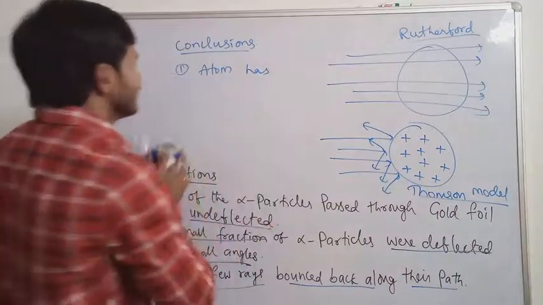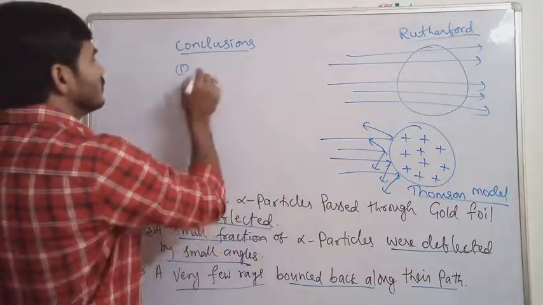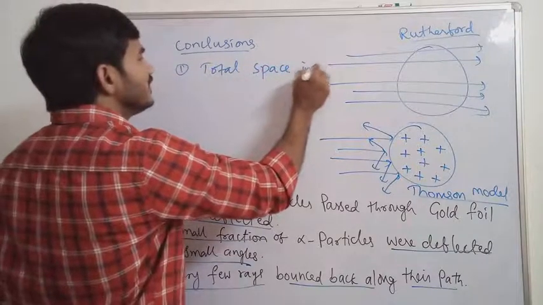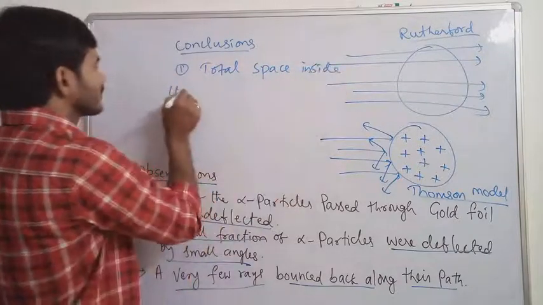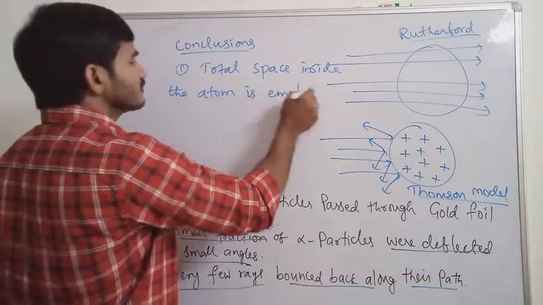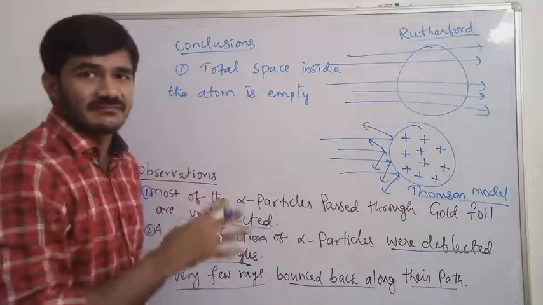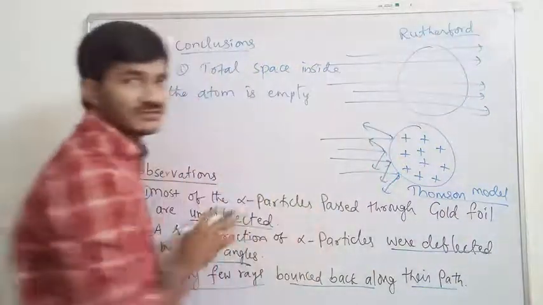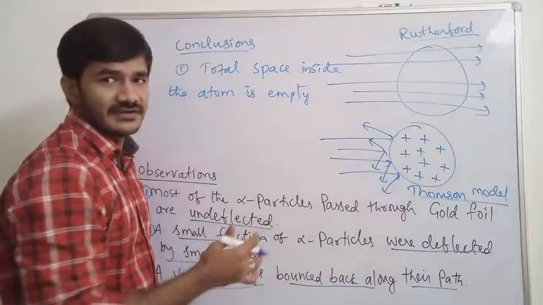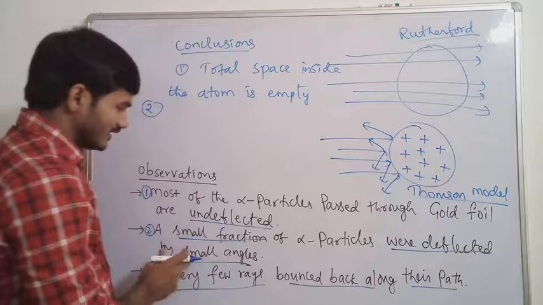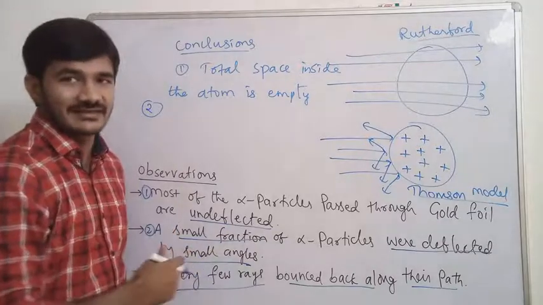I mean the total space inside the atom is empty. The total space inside the atom must be empty. If it is empty, then only particles can pass through the atom. Right? Next, second point: a small fraction of alpha particles were deflected with small angles.